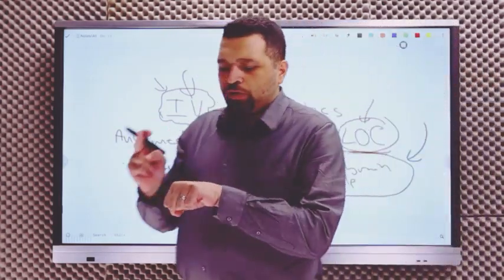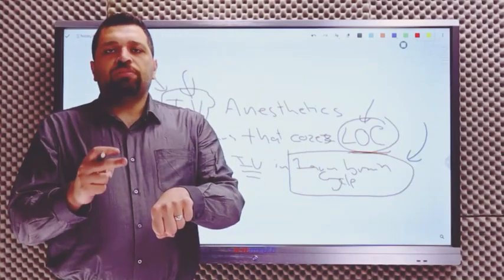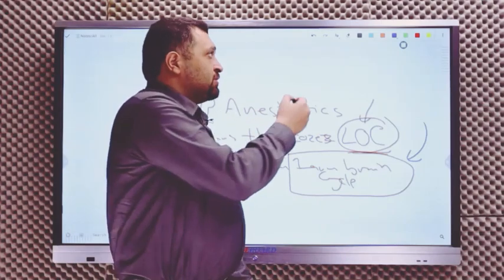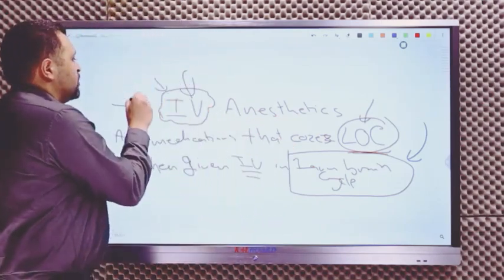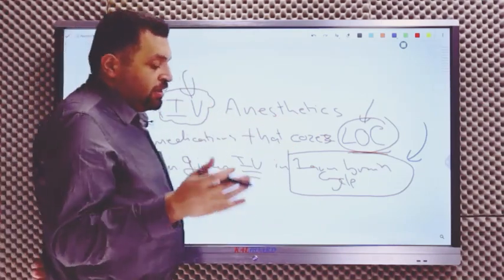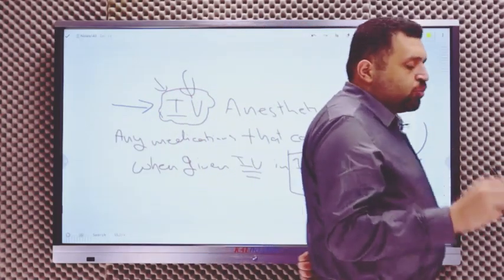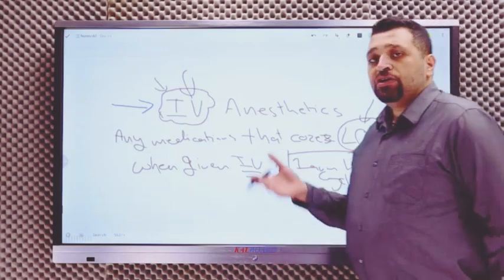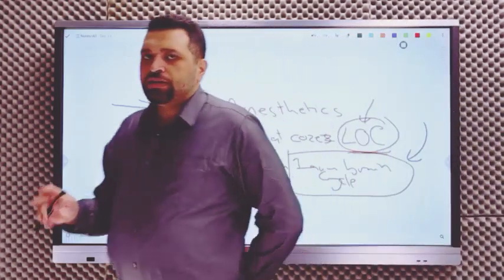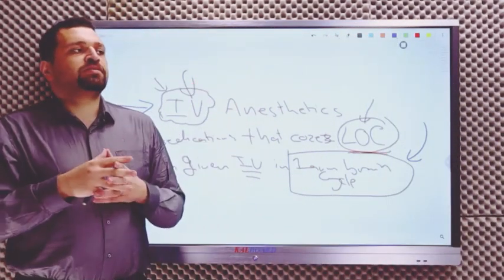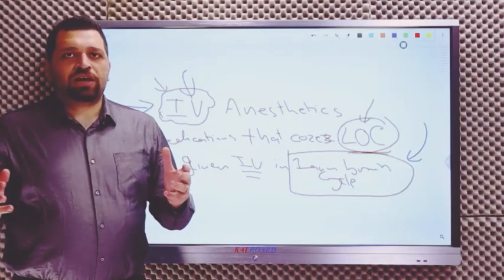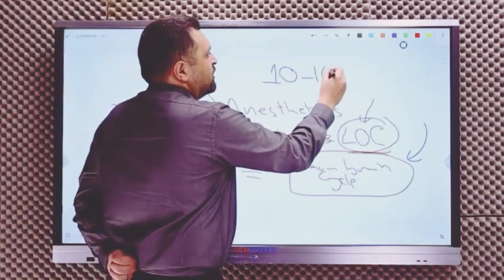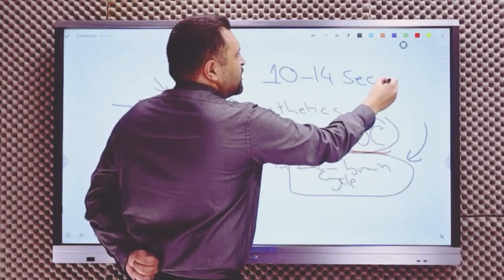It's the time the body needs to deliver the blood from the arm to the brain. So these drugs, which our lecture is about, move from the arm to the brain in one arm brain cycle. The cycle here is a duration, an amount of time. How much? It's around 10 to 14 seconds.